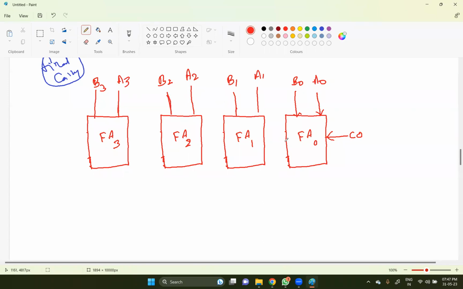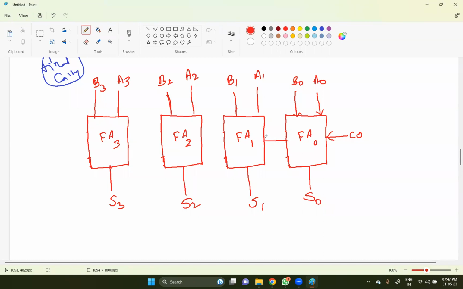The outcome of this particular full adder, the first one is sum 0, the first bit sum. This one is sum 1, this one is sum 2, and this one will be sum 3. And of course, the second outcome of the full adder will be the carry.